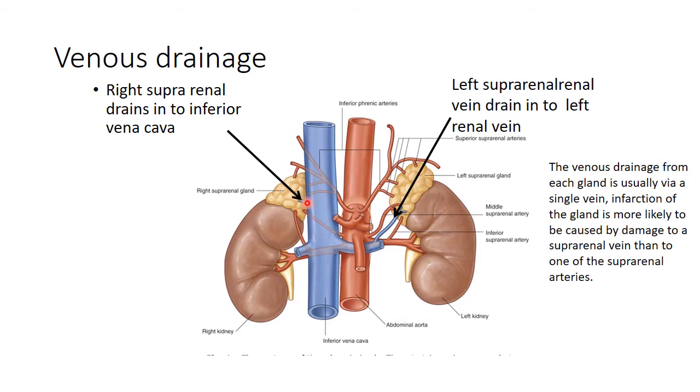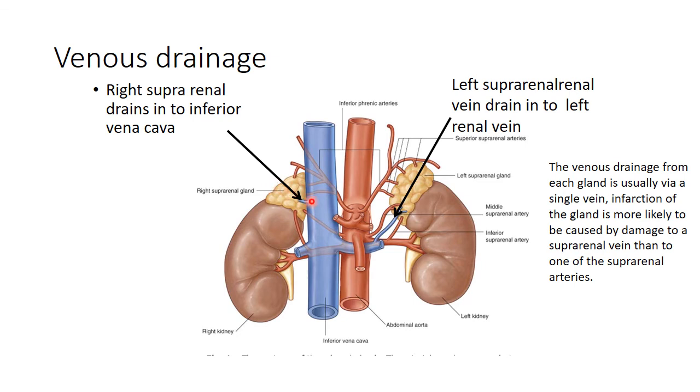As I said when we were talking about the features, the hilum is close to the upper pole. From there, the vein drains directly into the inferior vena cava. Whereas the hilum of the left suprarenal is close to the lower side and it drains into the left renal vein. See, this has a little longer length, whereas the right one is very small.